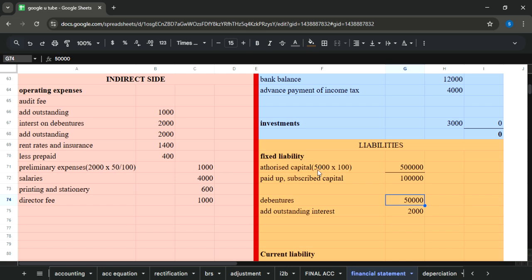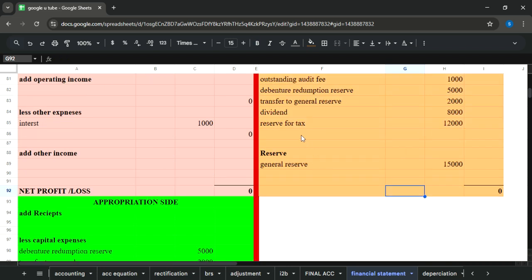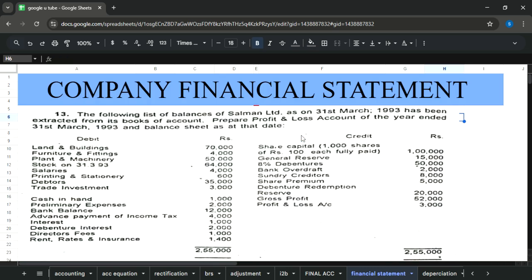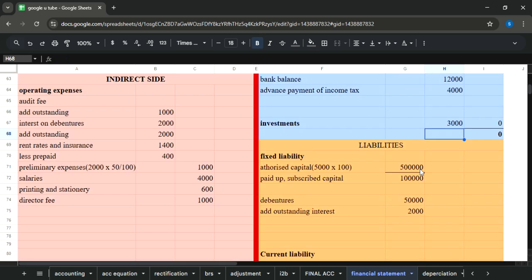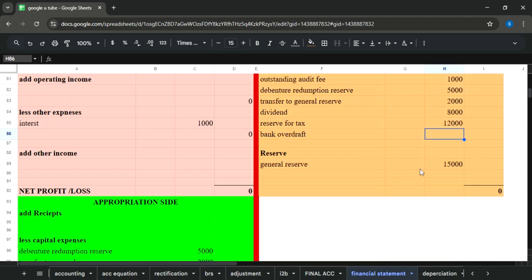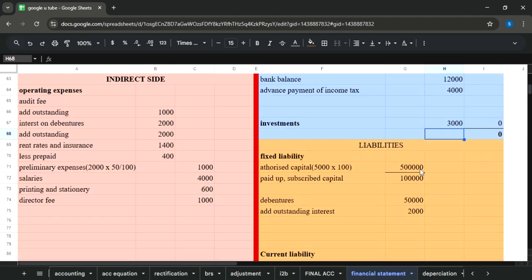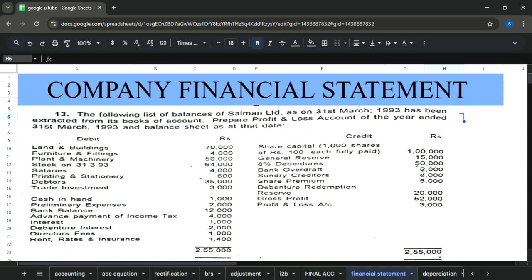Next is bank overdraft. We will go to the current liability side. Here we will mention bank overdraft. Amount of bank overdraft is 2,000. So write down 2,000 in current liability side. After bank overdraft, we have sundry creditors.